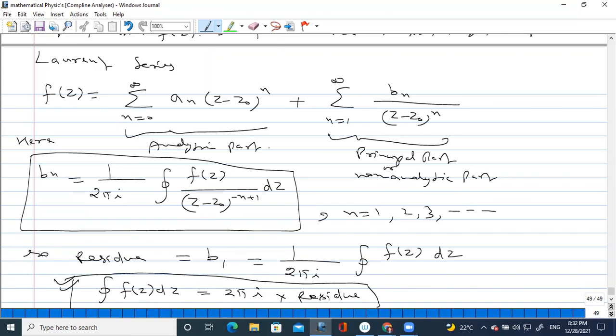Okay, if there are many residues, meaning many singular points, suppose this function is f(z) equals 1 upon (z minus 4)(z minus 2). So this is also a singularity, and this is also a singularity. In that case, you will get one residue R1 and another residue R2. Because about each point you will get a different series, and in that you will get b1, and here also you will get b1.